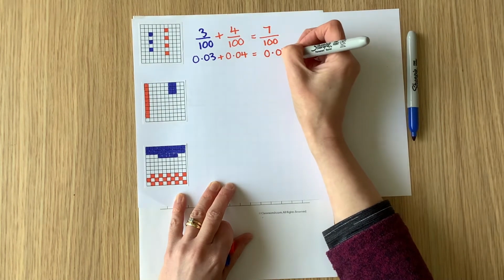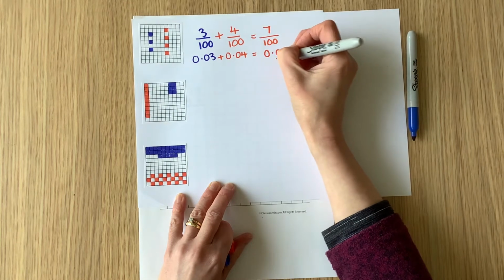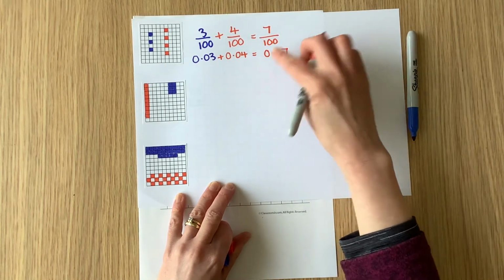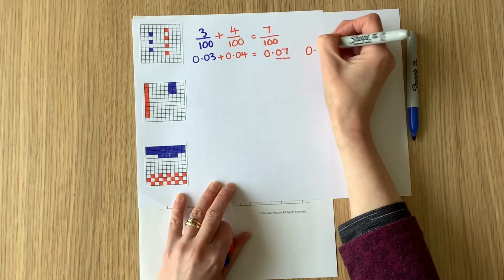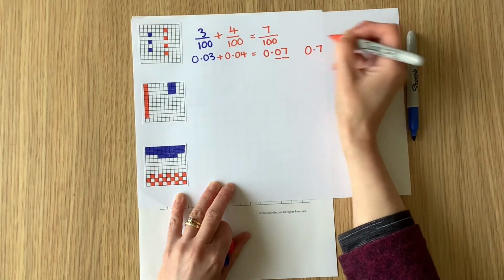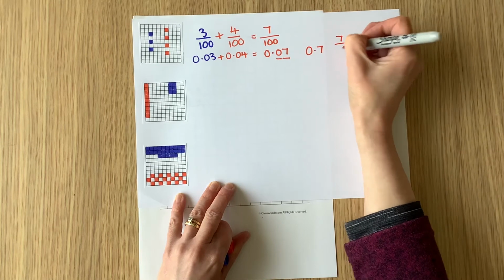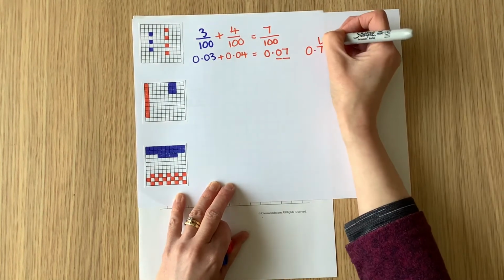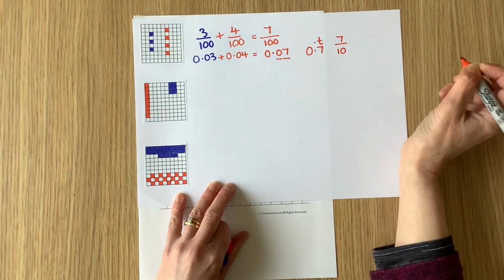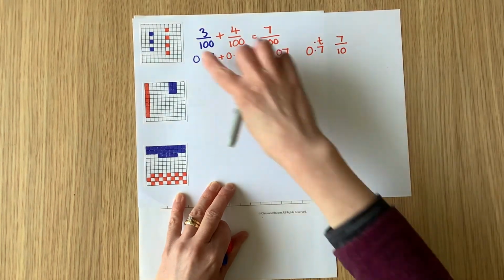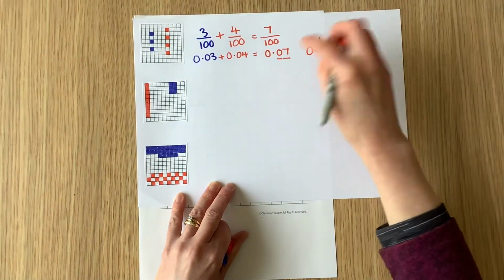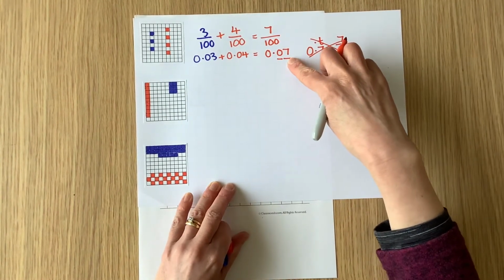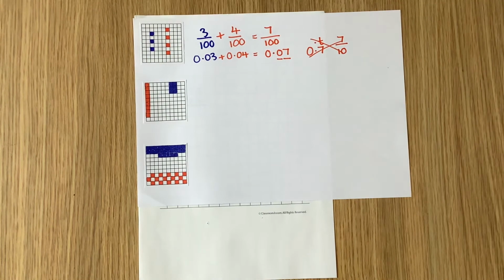Now remember, with hundredths, there have to be 2 numbers after the decimal point. It wouldn't be right to say 0.7. That would be wrong because that would mean I've got 7 out of 10 parts. Remember, that number is the tenths digit. It's not 7 out of 10 I've got, it's 7 out of 100. So I need to make sure that there are 2 numbers after the decimal point.